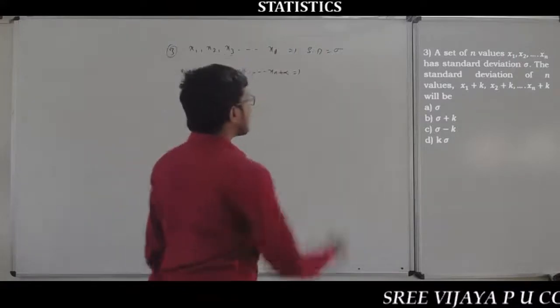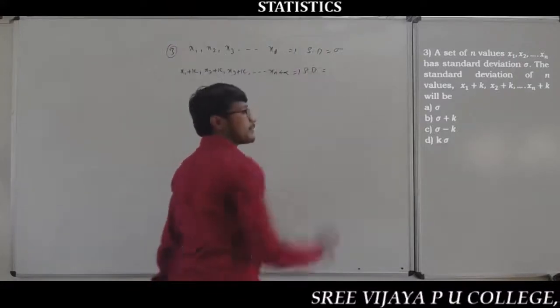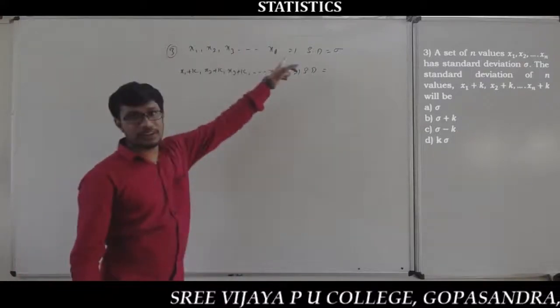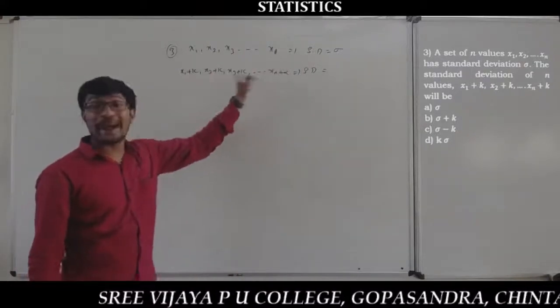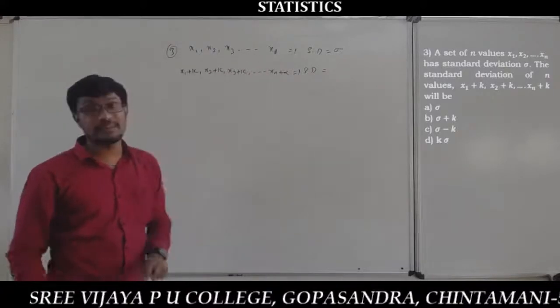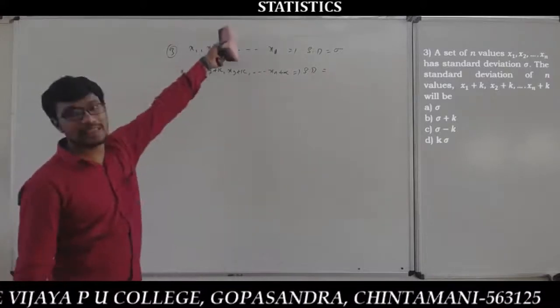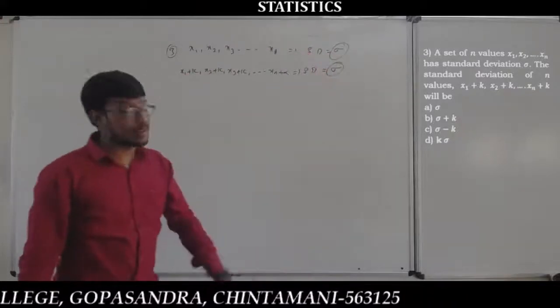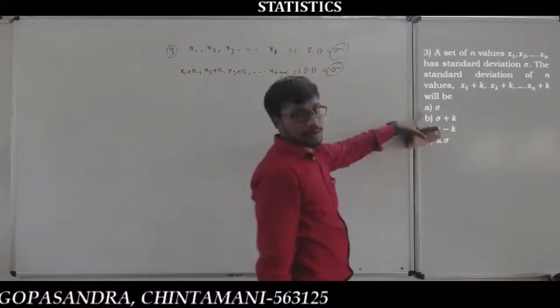I already explained this in the time saving results. If you add a fixed number to each observation, the standard deviation is the same as that of the given observations. So here also you get the same standard deviation sigma. So the option is A.